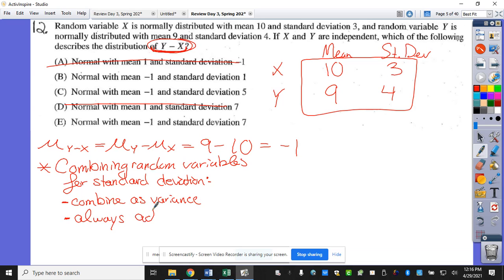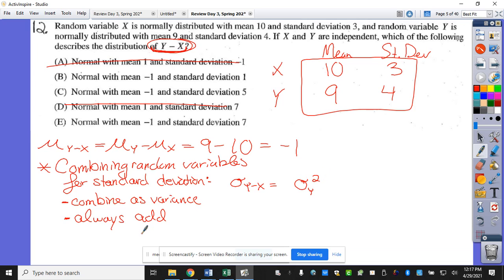Always add. If I'm 5 feet away and I'm 7 feet away, I'm not all of a sudden going to be 2 feet away. So you always add, and you combine as a variance. So when I am doing sigma of Y minus X, I want my Y as a variance, so sigma of Y squared.